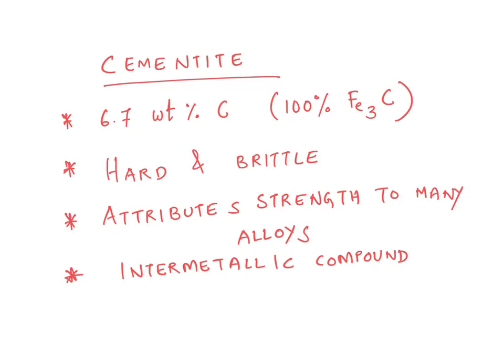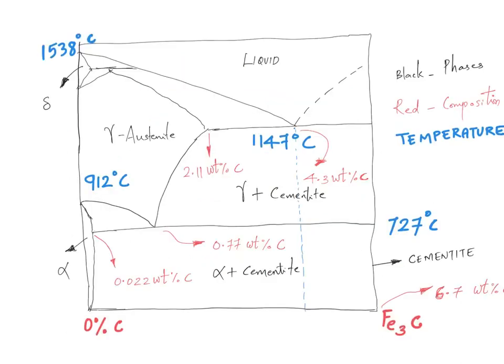Now finally, before we wind up this video, I would like to talk about eutectic and eutectoid reactions in an iron carbon phase diagram. Before I explain these reactions, let us identify the two phase regions in this phase diagram. This is a single phase region, this is a single phase region, this is a single phase region, and this is also a single phase region.